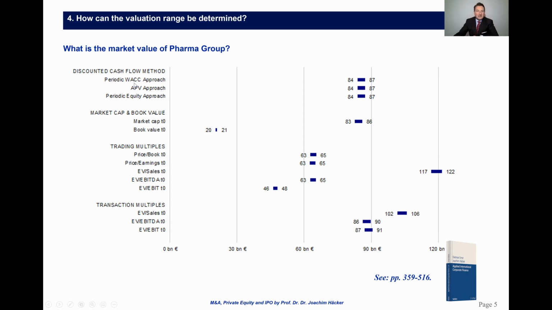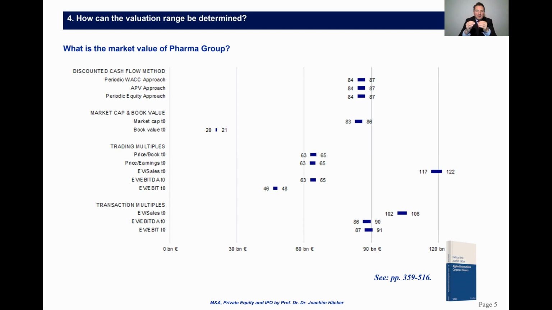And last but not least, 3 different approaches have been carried out, the so-called WACC approach, APV approach, and the equity approach. In those 2 cases, we didn't come up with a constant weighted average cost of capital. However, a so-called period-specific WACC has been applied.